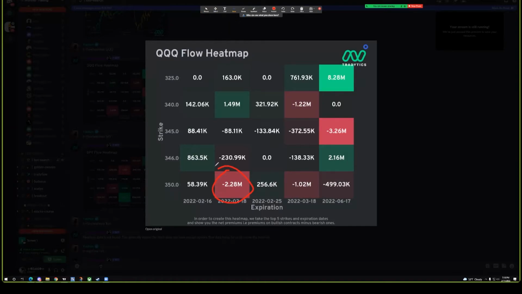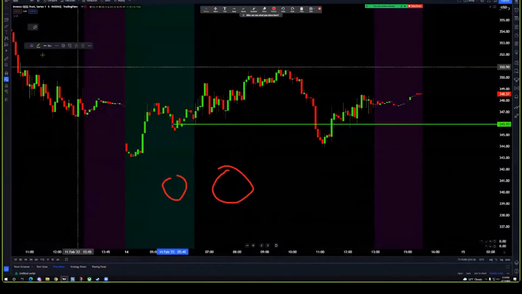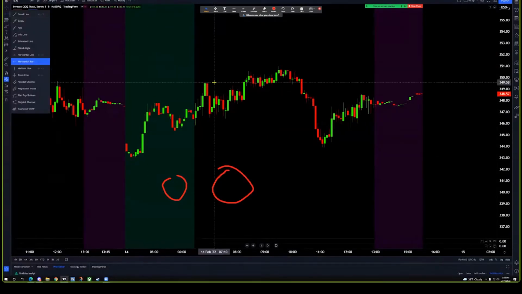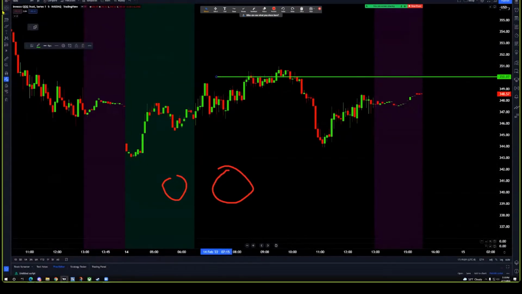Now, if the stock was actually above the 350 strike. So let's say the market essentially right here, look at this. This is where the 350 strike is, right around here. If coming into that expiration the stock is below it, then it's in the market maker's best interest to take it above.